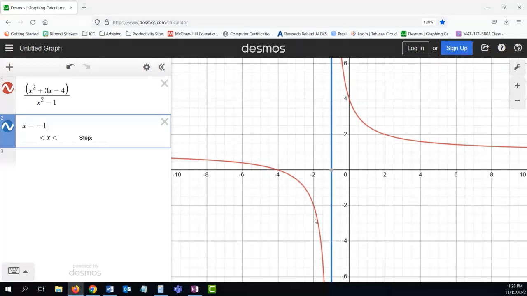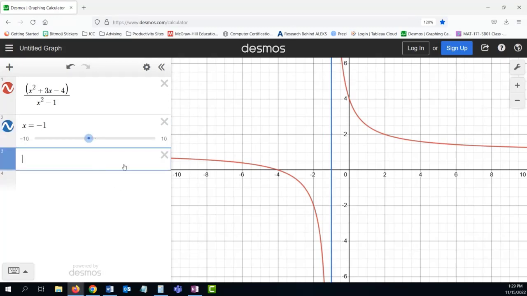I can never plug negative 1 in. So when that happens, I see behavior in that function. The function likes to get as close, it likes to snuggle up next to the asymptote, but it never actually touches it. Okay, so that's what a vertical asymptote looks like.